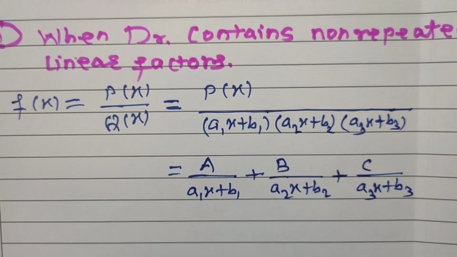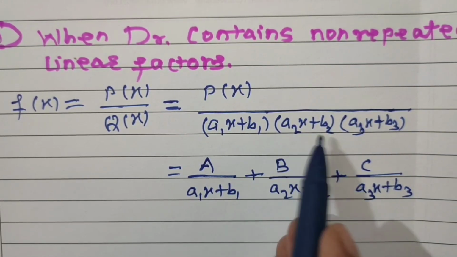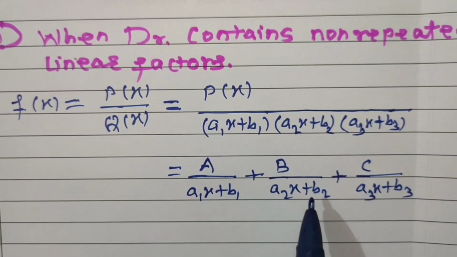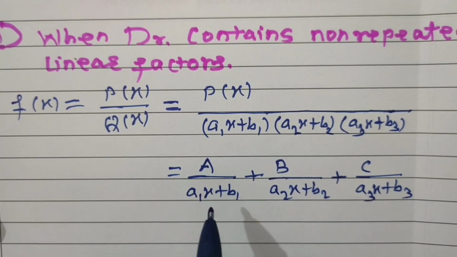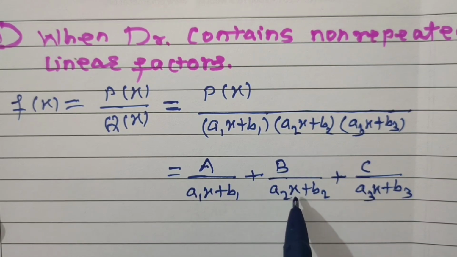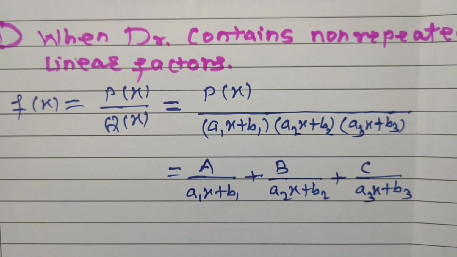Like this, there may be two linear factors or maybe more than two linear factors. In all cases, you have to express like this: arbitrary constant A upon first linear factor plus arbitrary constant B upon second linear factor plus arbitrary constant C upon third linear factor. This is regarding type number 1.